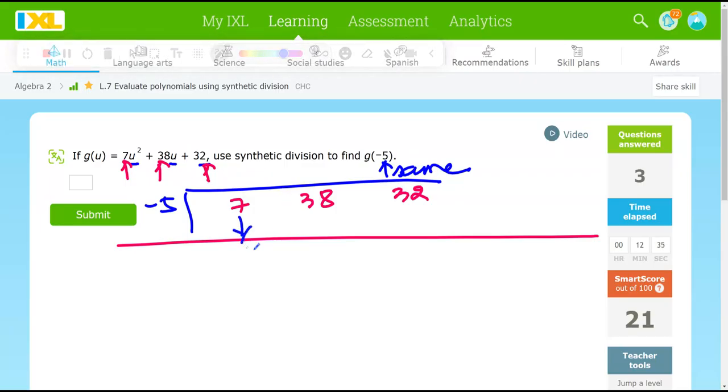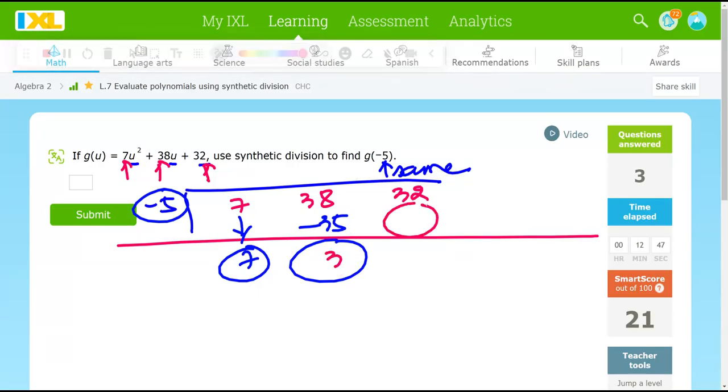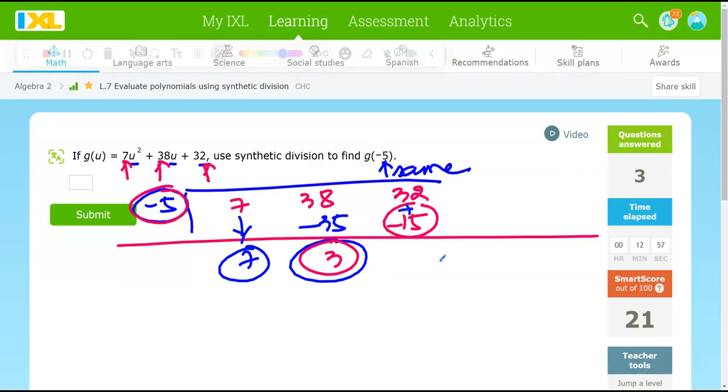First, I move down number 7. So negative 5 times 7, negative 35. I add these two numbers together. I come out at number 3. So now I need to find the number right here. Very simple. I take negative 5 times 3, negative 15. All right. So add together, it should come out at positive 17.